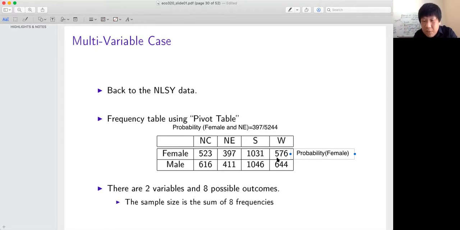The probability of West is a summation of this. If we are looking for the probability of West, then it's going to be 576 plus 644 divided by the total number of observations, 5244. That is the summation for the marginal probability.